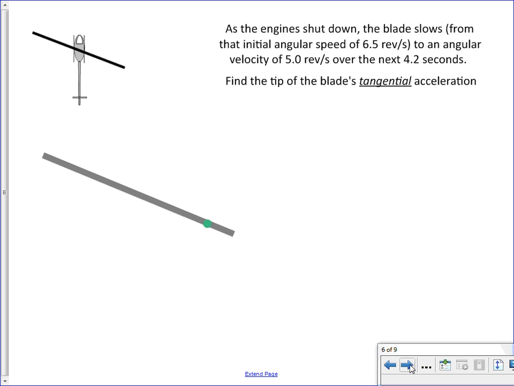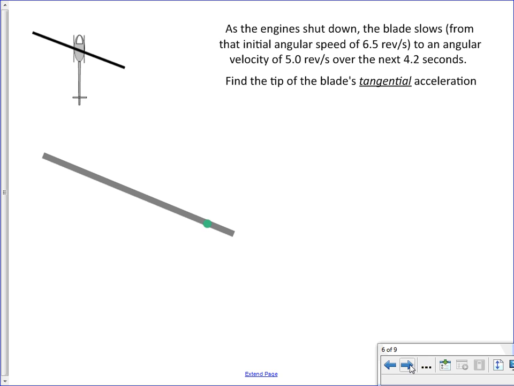So the engine's shut down. The blade slows from that initial angular speed of 6.5 revolutions per second to an angular velocity of 5 revolutions per second over the next 4.2 seconds. Okay, fine. So let's find the tip of the blade's tangential acceleration.